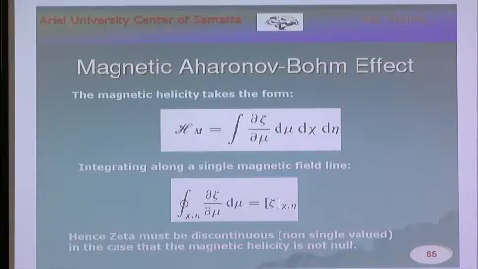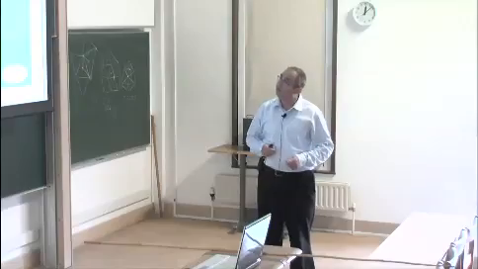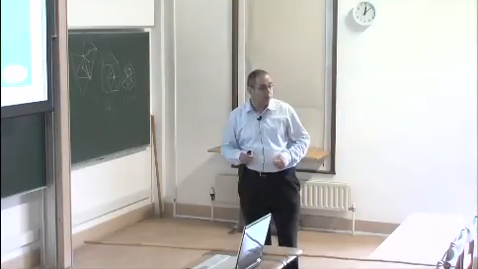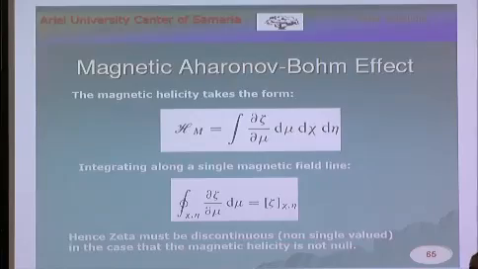Now, if you take a single magnetic field line, and you remember that psi and eta are just labels telling you on which magnetic field lines you are, and you look at the integral along this magnetic field line, then you see that unless zeta is a non-single valued function, what you will get is absolutely nothing.